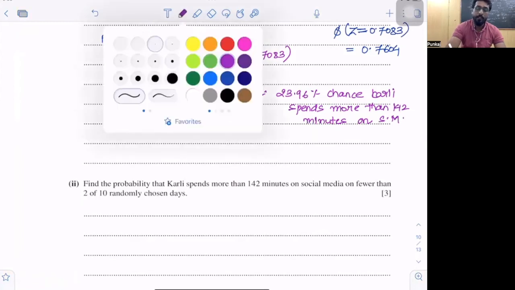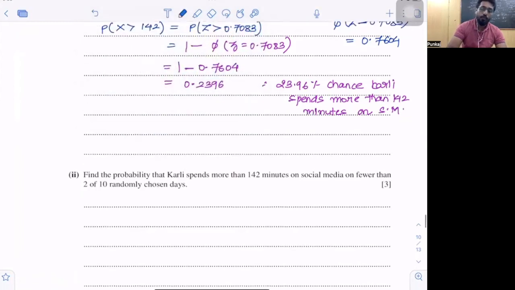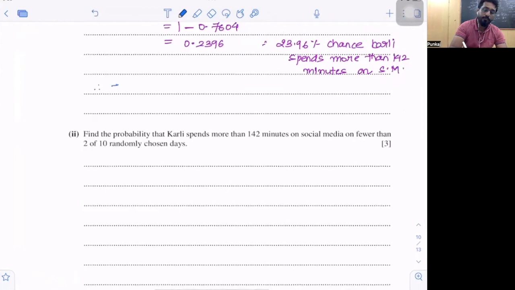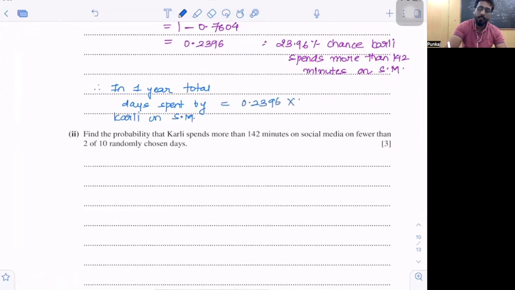So I'm going to write it that way now. So therefore, in 1 year, the total days spent by Carlyle on social media is 0.2396 multiplied with 365.